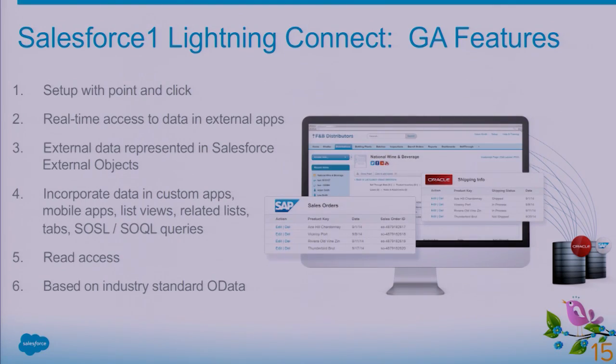Wow. Really powerful. You get read access with the data today, and I'll talk about some enhancements we're going to make to that on our roadmap. And finally, it's based on an industry standard called OData. And the reason that's important is that it's an open standard, and so customers can use any application and bring data from that application to Salesforce. Incredible.